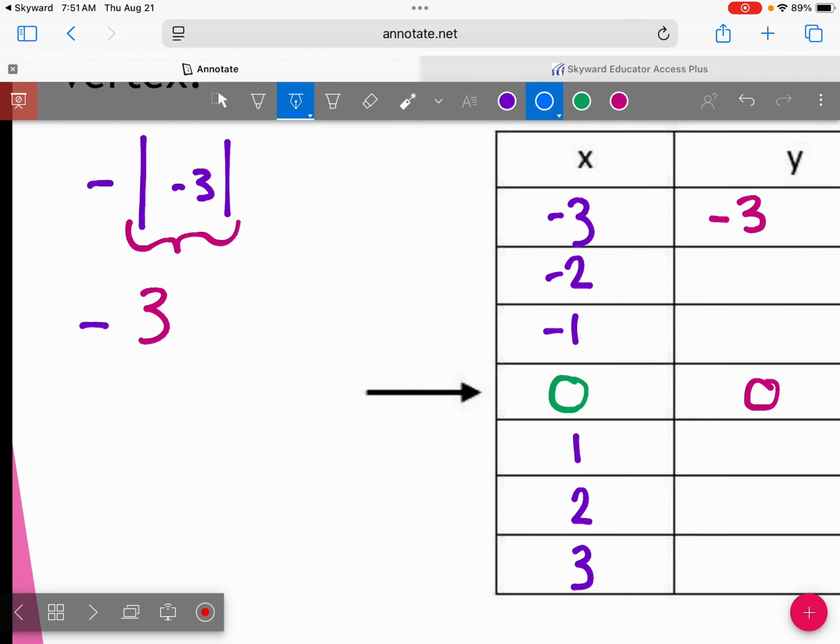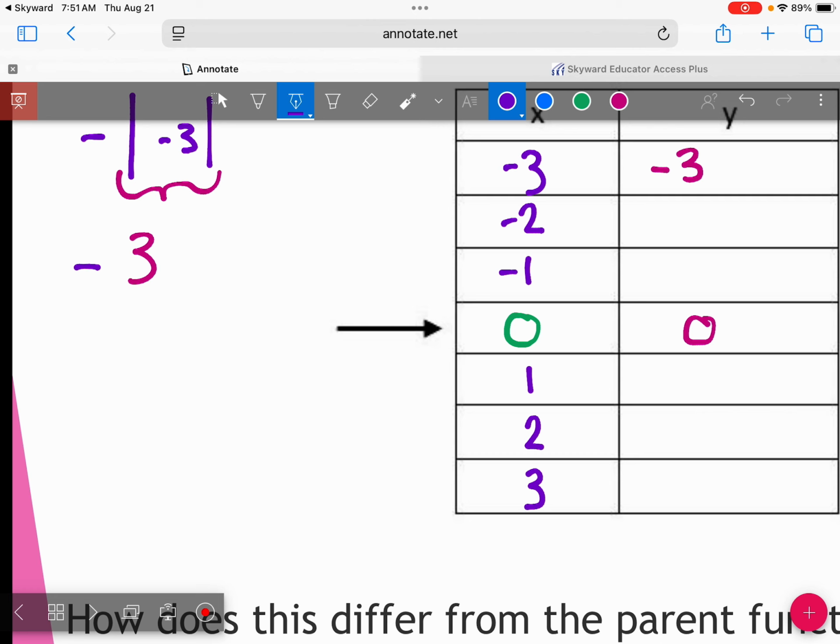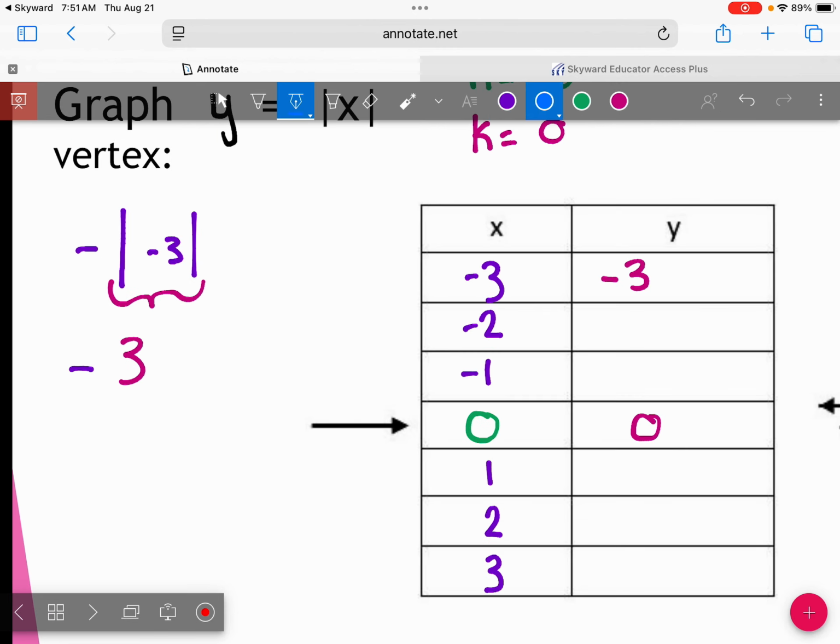I'm going to jump down and do the positive 3 because I feel like doing those two together makes way more sense. If I do my absolute value of +3 that we've substituted here, we have the opposite of the absolute value of +3.